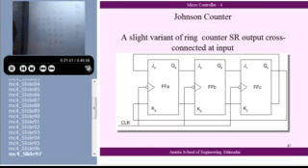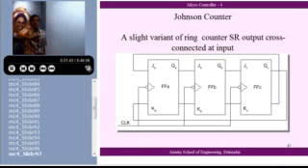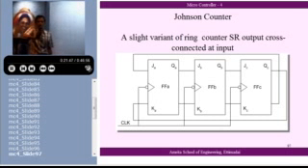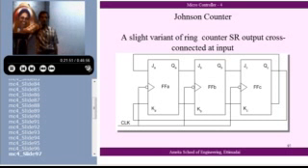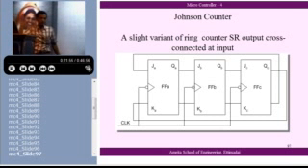It continues like this. That same number, that sequence will get continuously shifted. It's a simple shift register connected like this. It works as a ring counter. That count sequence will be simply repeated. Okay?